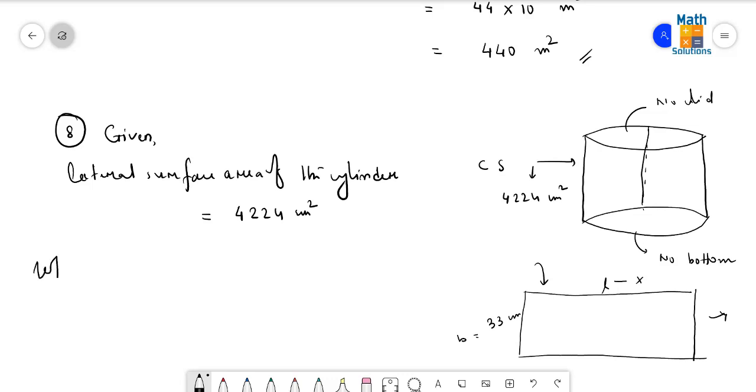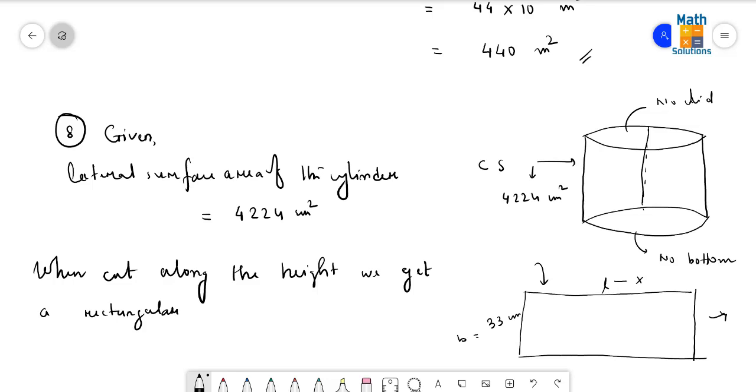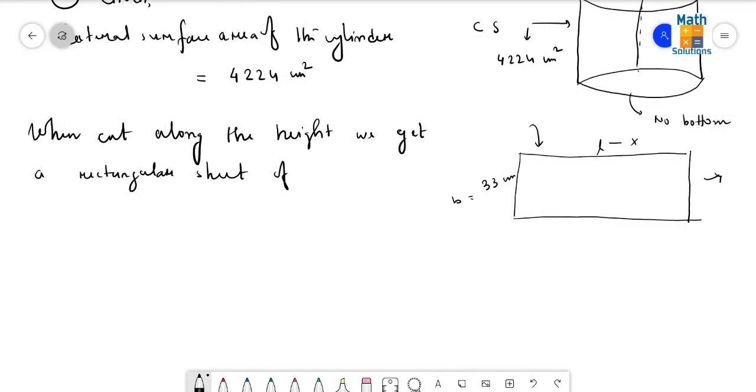When cut along the height, we get a rectangular sheet of width, or we can say breadth also.